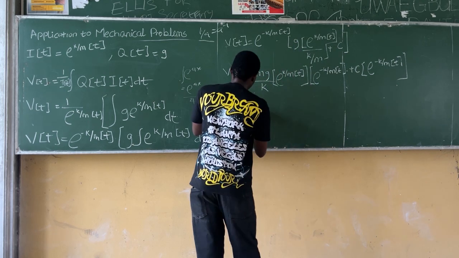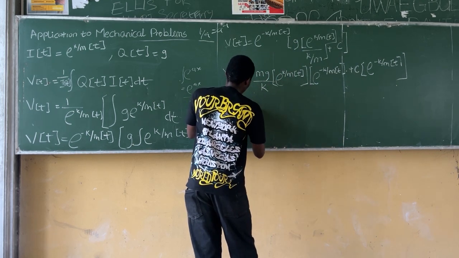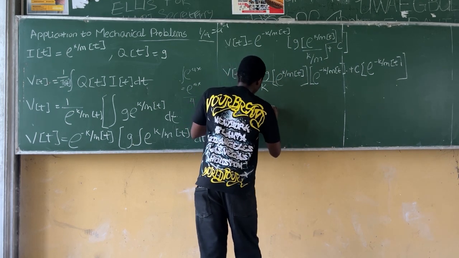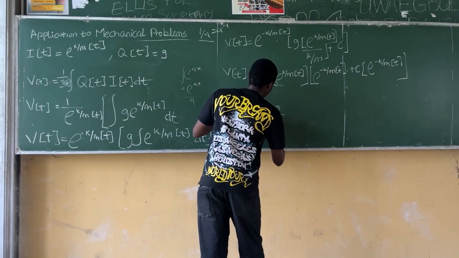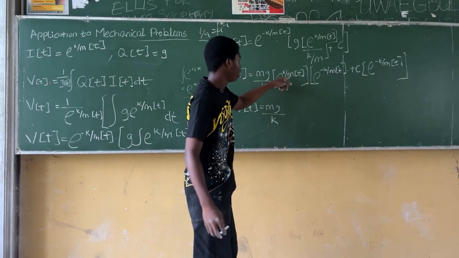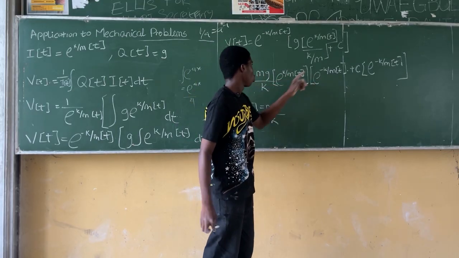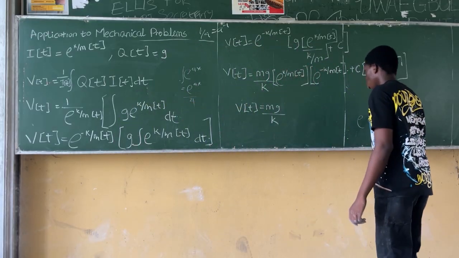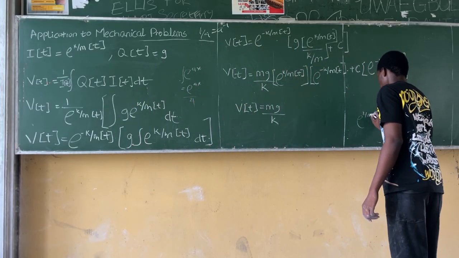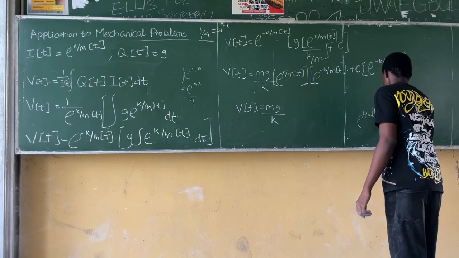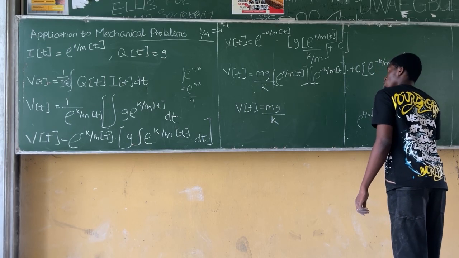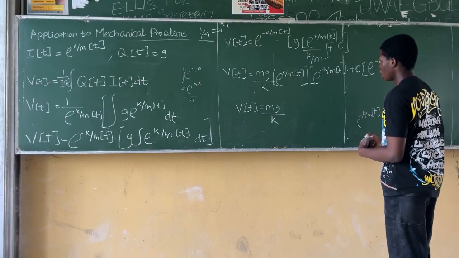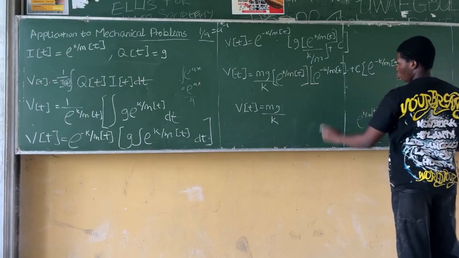So this v of t is equal to mg over k. From this equation, this cancels out this using the laws of indices, whereby e to the k over m t times e to the minus k over m t simply cancel out. So this will be equal to 0.